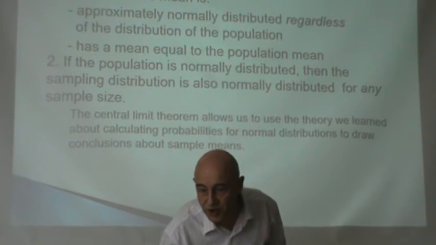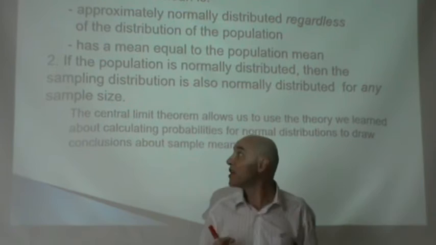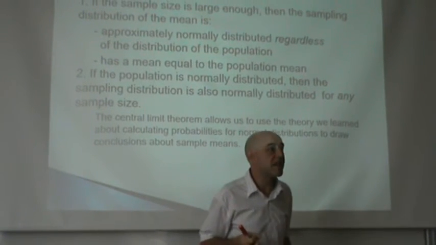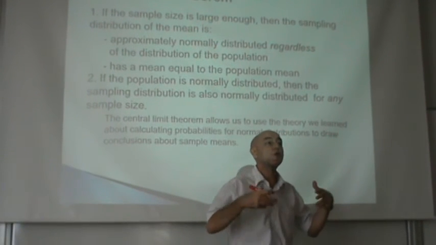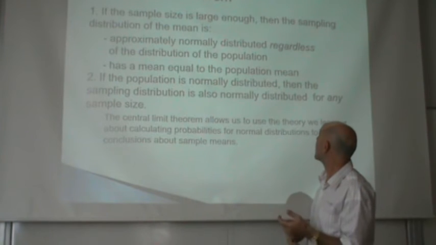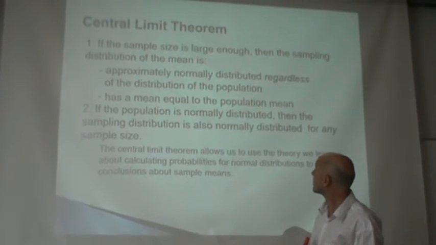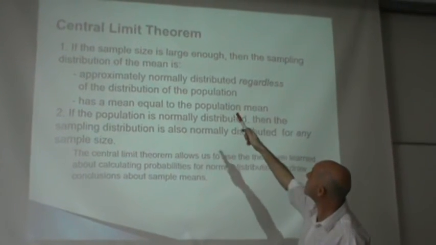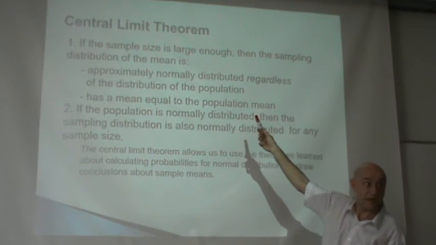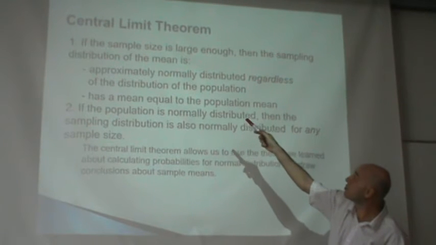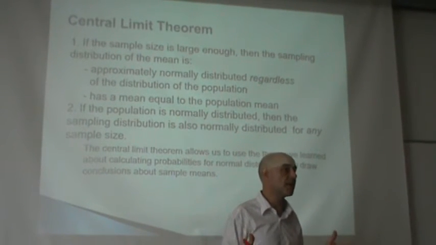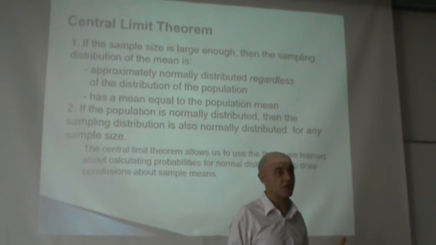And then I got the central limit theorem, which basically tells you that as you increase the size of the sample, and the sample gets bigger and bigger, if the sample size is large enough, then the sampling distribution of the mean will be approximately normally distributed.